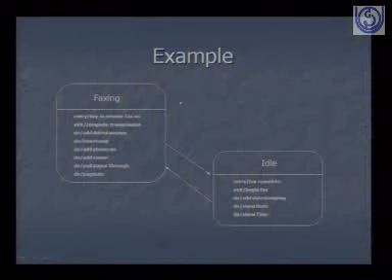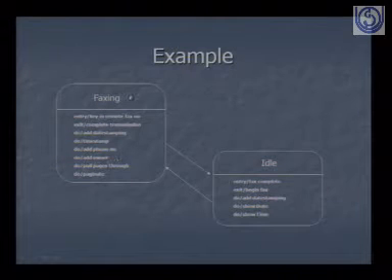So look here. One state I have represented as the faxing state and the other state as the idle state. In the faxing state, I am writing the three categories we talked about earlier: the entry category, the exit category, and the do category. In the entry category, I have to mention key in remote fax number. The other end's fax number I have to quote here.